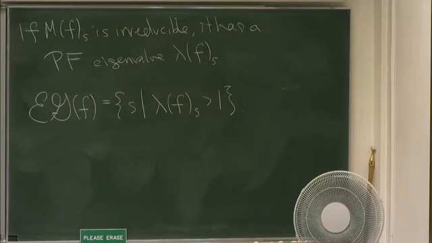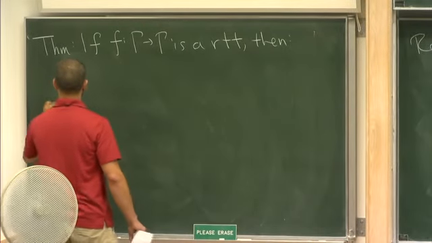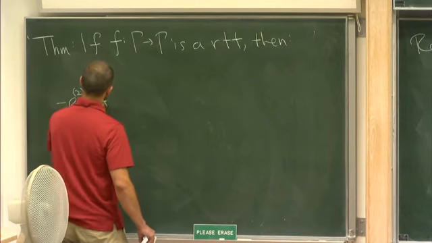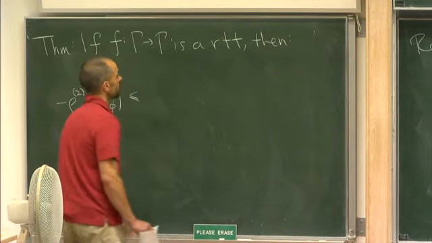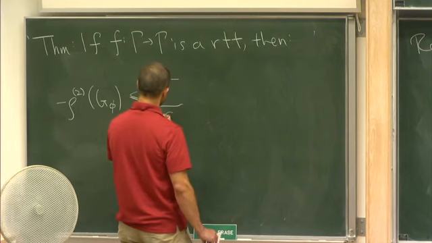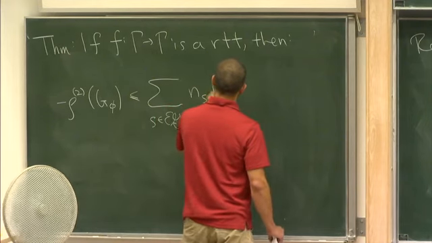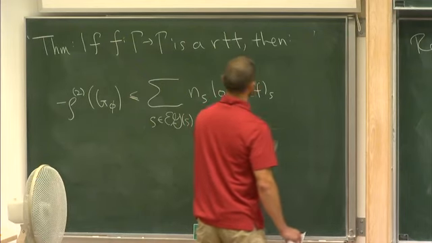All right, great. Now I can state the main theorem. Okay, so the theorem. If f is a relative train track, then the L2-torsion of the free-by-cyclic group is bounded by the sum over the exponentially growing strata of n_s times log lambda f sub s.